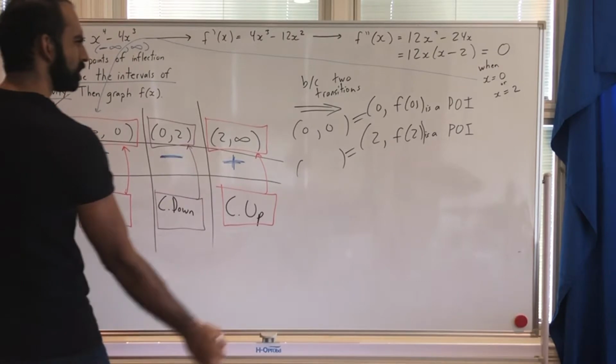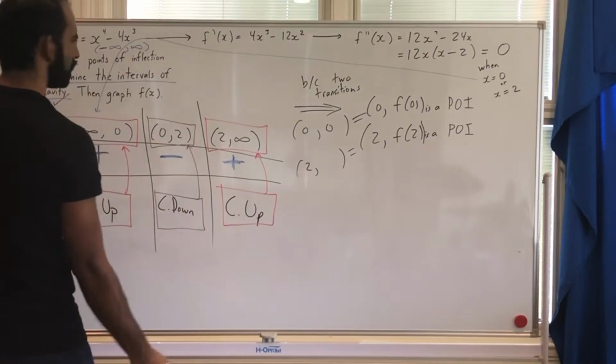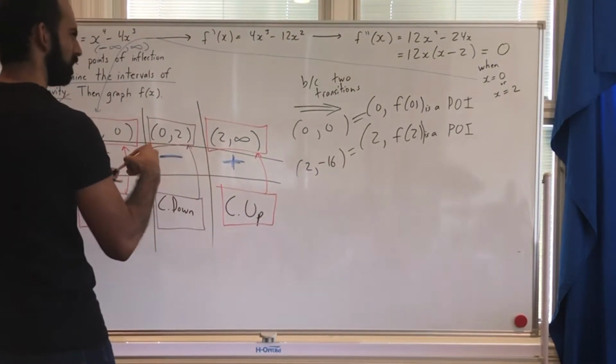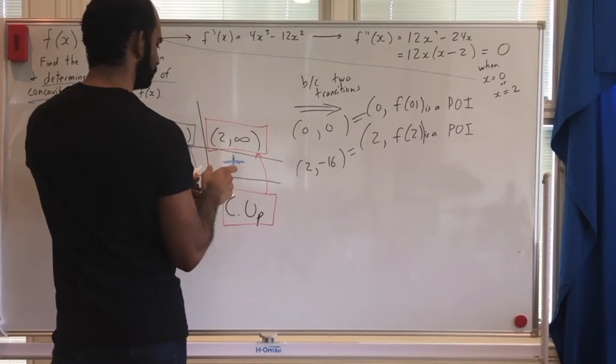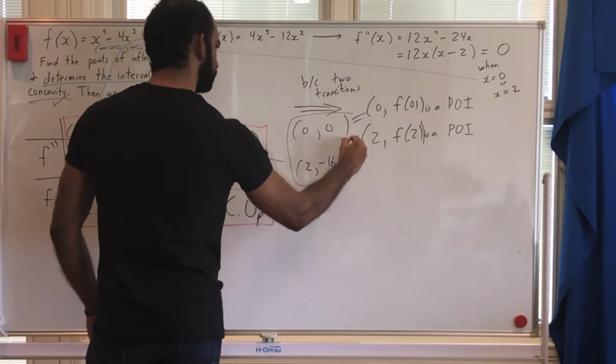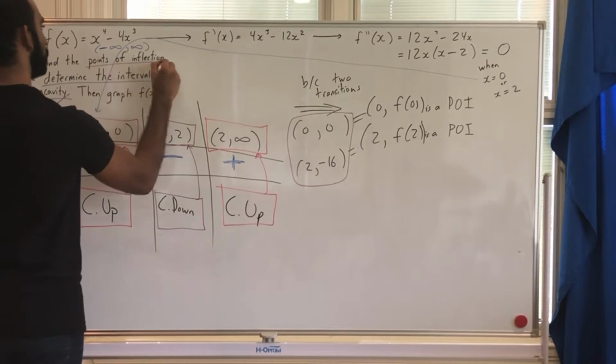And 2, f of 2 is 16 minus 32, so negative 16. Those are your points of inflection. So with that, we are done with the points of inflection.